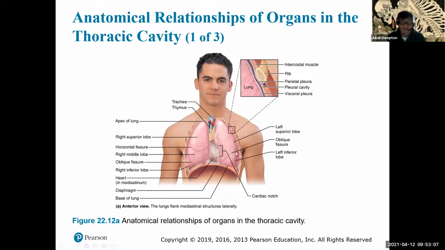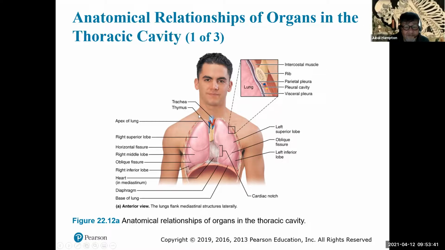This is why we only have two lobes on the left side and not the three on the right, because that heart is displacing development of a third lobe here. Here's our diaphragm again, base of the lung, apex of the lung here is up near the trachea.